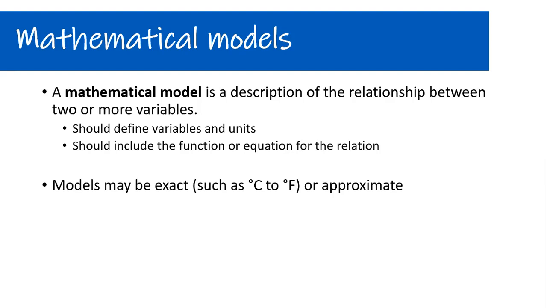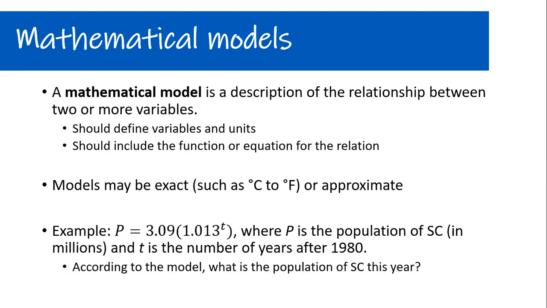Models might be exact, such as degrees Celsius to degrees Fahrenheit, because we have that exact relationship. Same with that quarters example I just gave. It will give the exact answer every time. Or what we'll see a lot in our class is approximate. We have this data and we want to know what approximately would be the output, what approximately fits this data best.